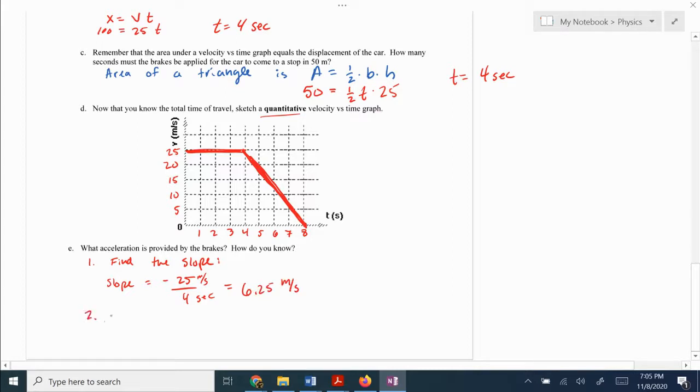The other way you could do it is to use the kinematic equation. Negative 6.25.